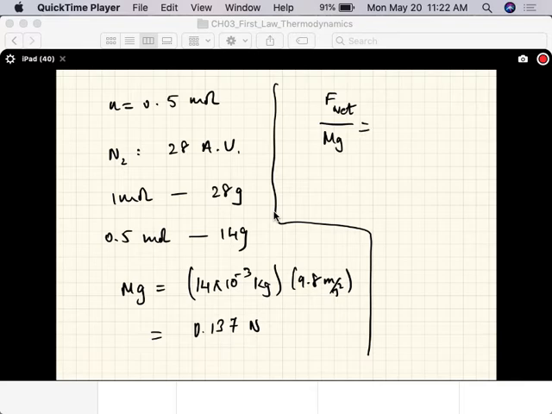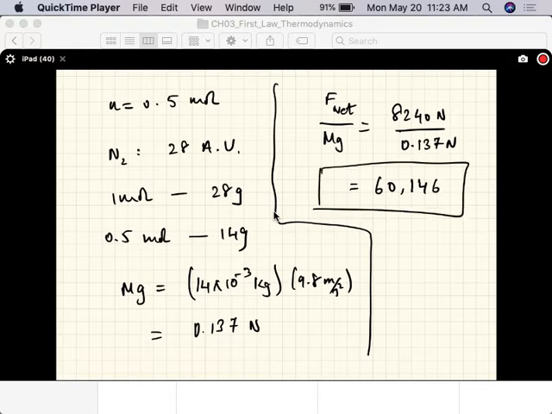So 8,240 newtons divided by 0.137 newtons. 60,000, that's the ratio.